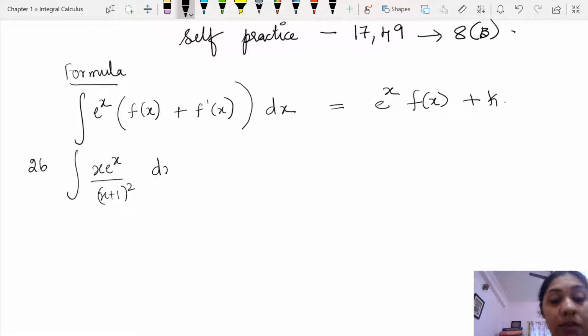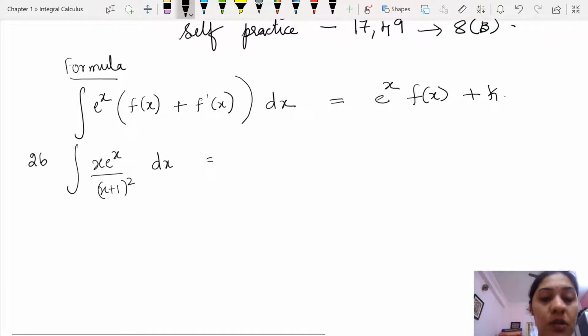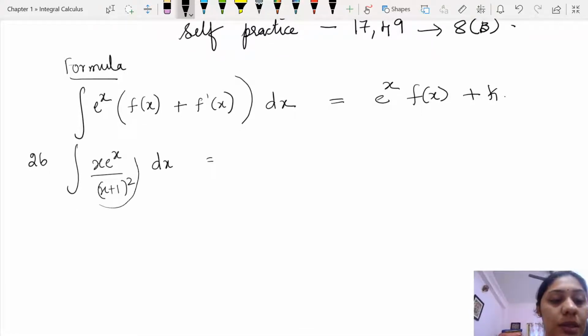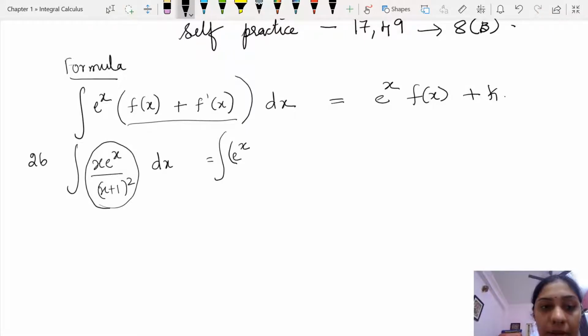Now again you will see why it is important for you to know differentiation thoroughly when you do this problem. I'm going to split this whole term into these two parts. For that I need to keep e power x separately. We don't need a bracket here.